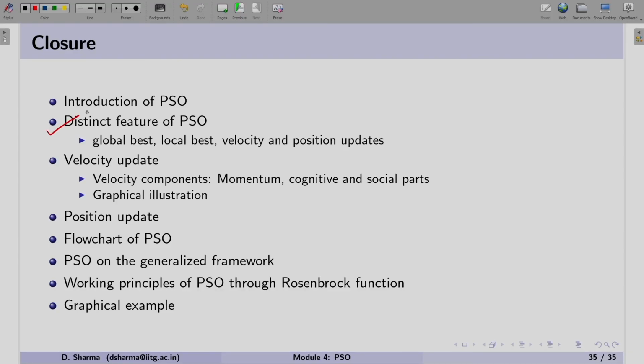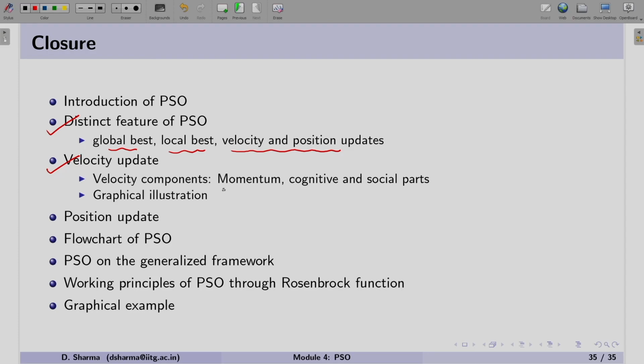We have gone through PSO, its development based on the flocking of birds, and thereafter, once we understood the physical or biological phenomena of the swarm, there are 3 distinct features that we understood: global best, local best, and the velocity and position update of each particle. We also have formulas to update the velocity of the particle.